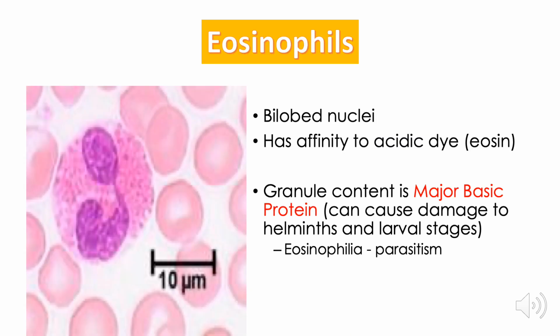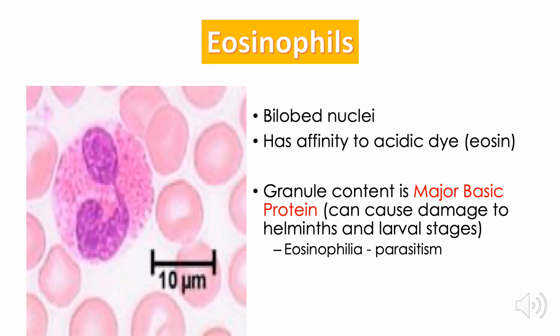The second granulocyte that we will discuss is eosinophil. As you can see in the picture, eosinophils have bilobed nuclei. And as mentioned a while ago, they are named eosinophils because their granules have affinity to the eosin dye.